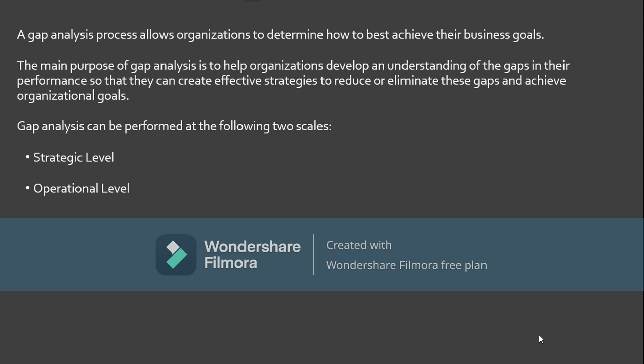How long will it take for you to reach the projected situation, the target you have thought we are supposed to reach? That is the operational level for an organization. These two things are always kept in the picture whenever gap analysis is done, and gap analysis is a very key thing for any organization to stay in the market. So that's about gap analysis.